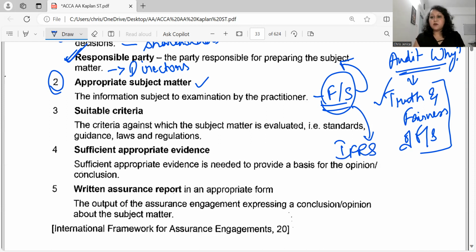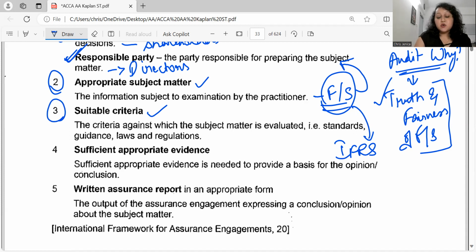As of ACCA, we are going to go with the IFRS standards. Okay, so whether the company has prepared the financial statements in accordance with International Financial Reporting Standards, International Accounting Standards, or any particular laws and regulations governing in that country, whether all these financial statements have been prepared in accordance with that criteria. Okay, suitable criteria. That is the third element.